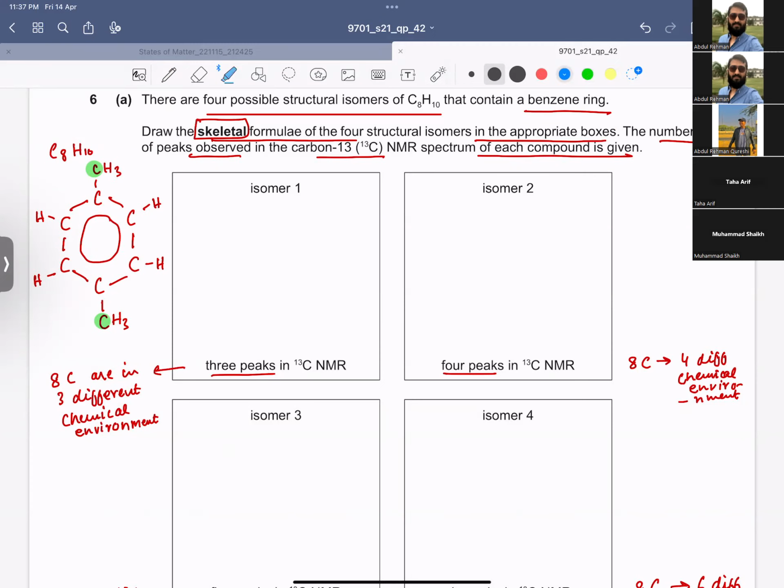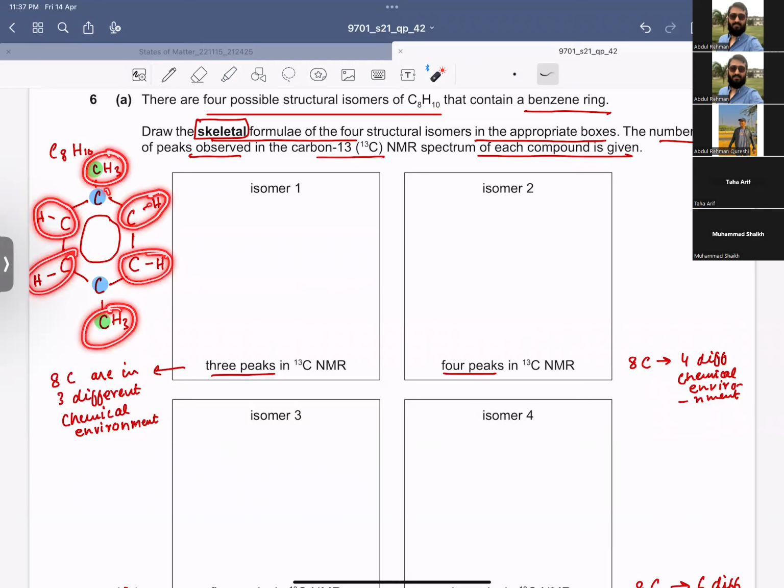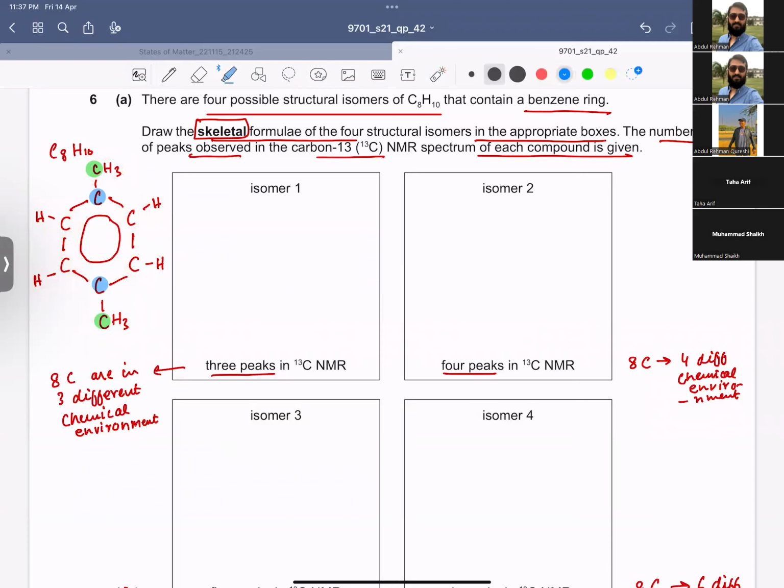If you look at this carbon and this carbon, these 2 carbons are exactly similar because they are bonded to 2 CH groups over here and one CH3 group. In the same way, this carbon is also bonded to 2 CH groups and one CH3 group. So these 2 carbons will show you one signal.